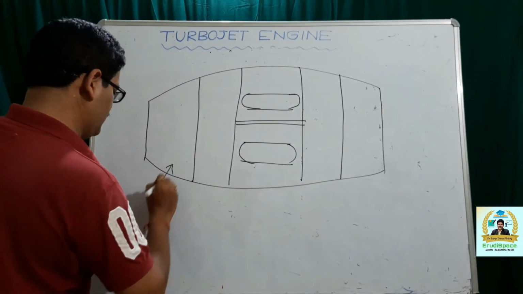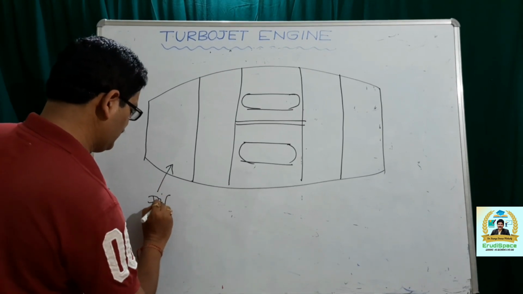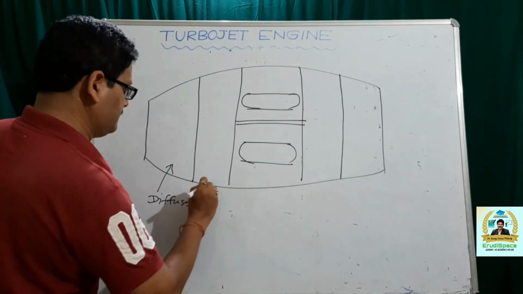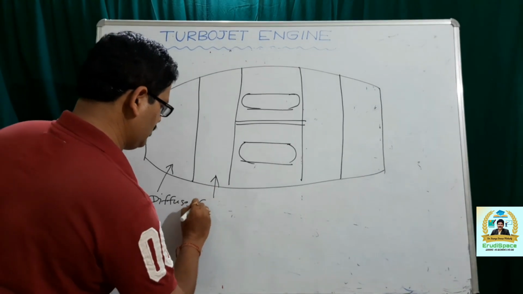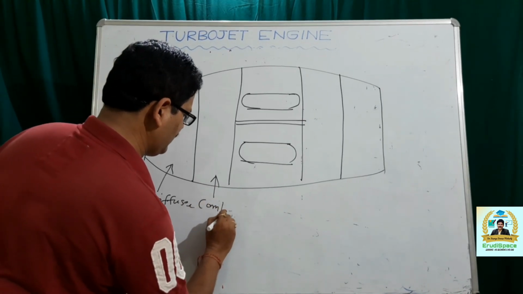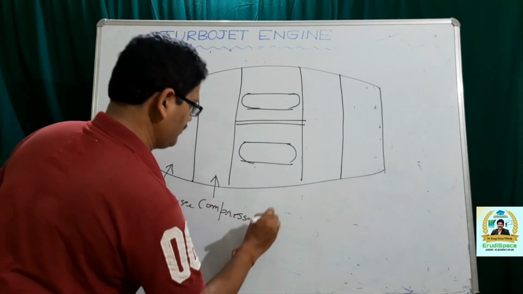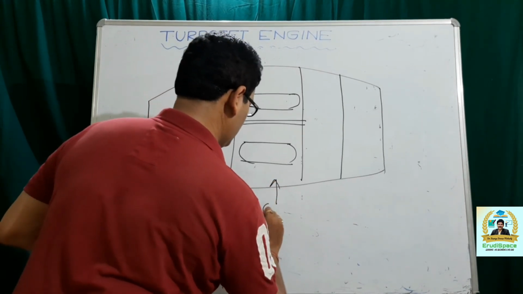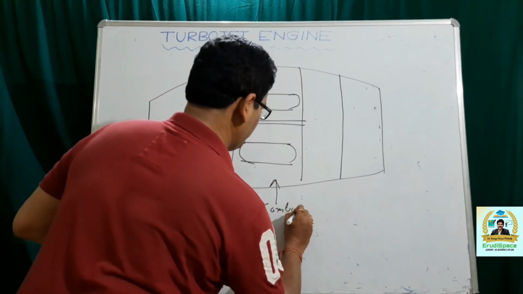This one is your diffuser. This one is your compressor. This one is your combustion chamber.